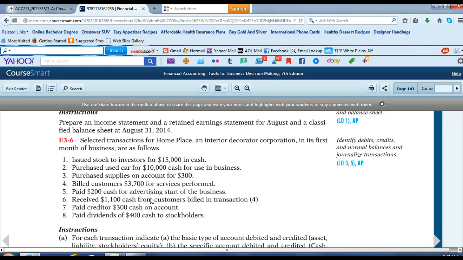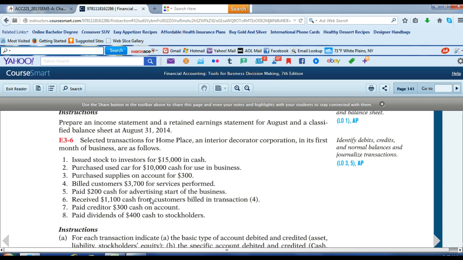So when someone makes a commitment to do business in the future, unless there's money or some type of legal contract that involves cash that's been transmitted up front, even though that's an activity, it is not necessarily an event that is recorded.